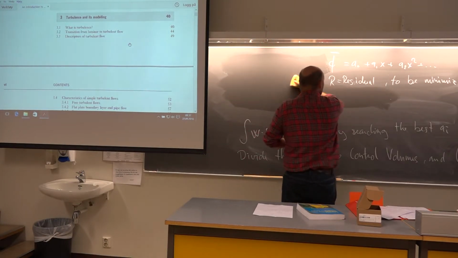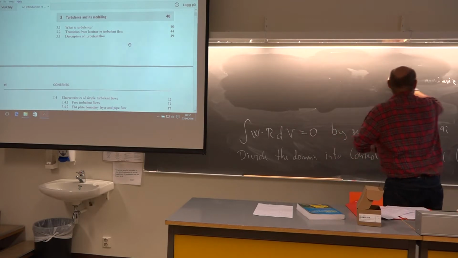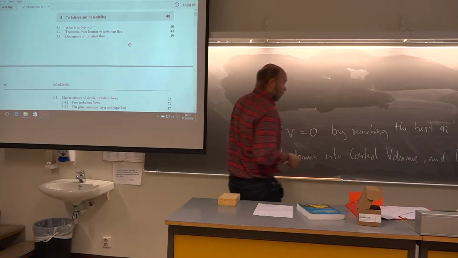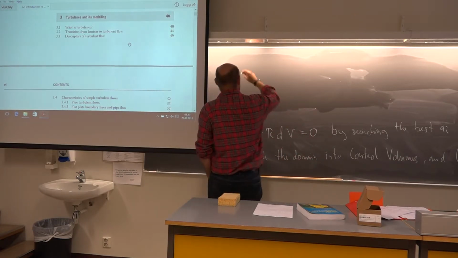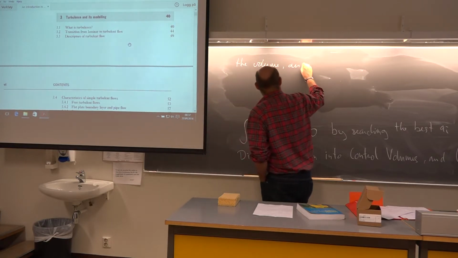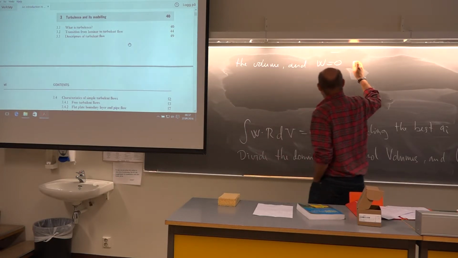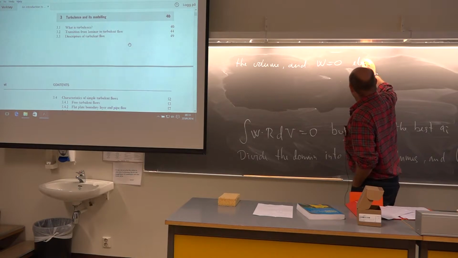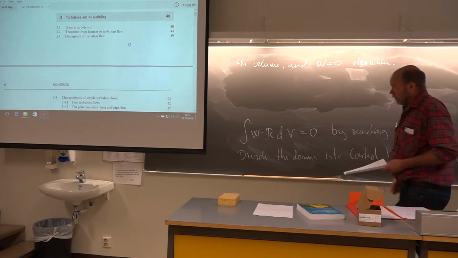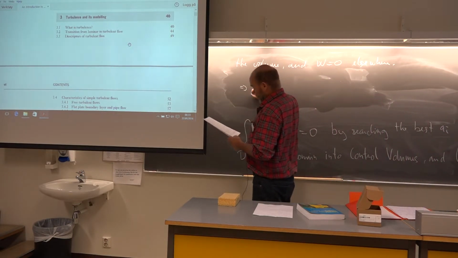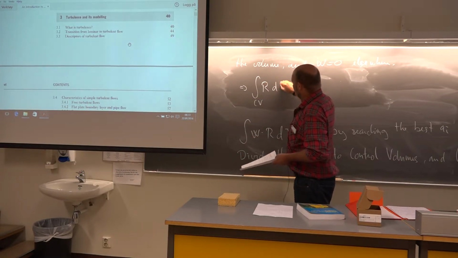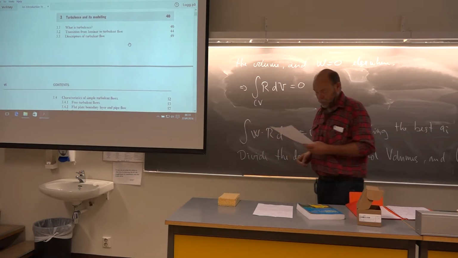So we sort of simplify it. W equals 1 inside the volume, and W equals 0 elsewhere. Then we are left with this equation here: the integral over a control volume of the residual alone equals 0.